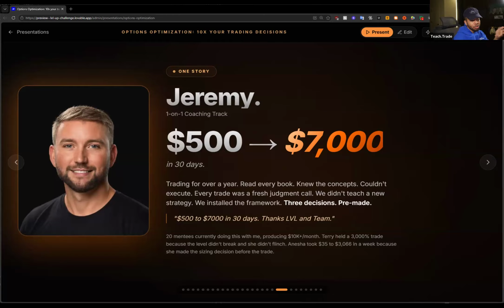And that assisted Jeremy himself in turning one of the craziest returns I've actually seen in a period of time like this, where he was able to scale from $500 to $7,000 in a 30 trading day period.